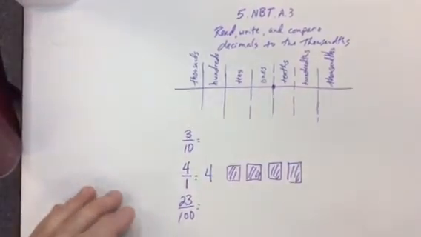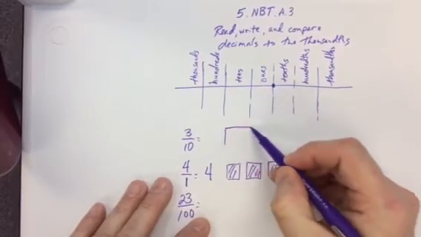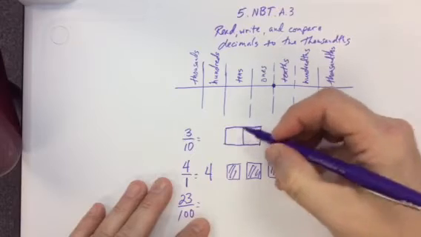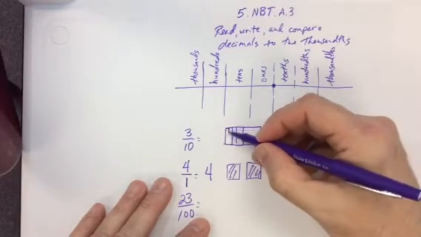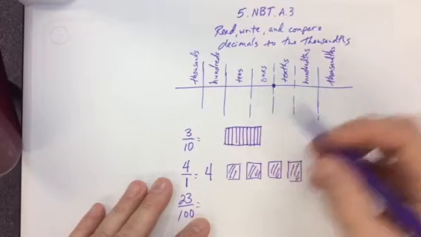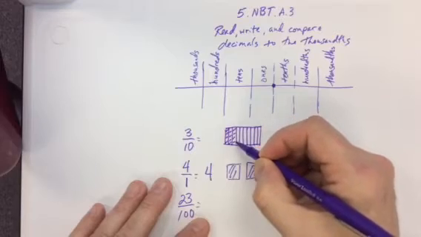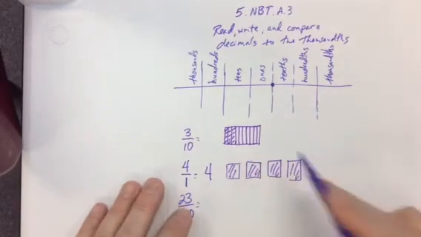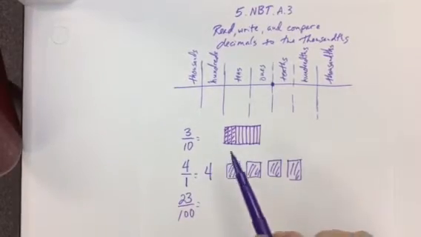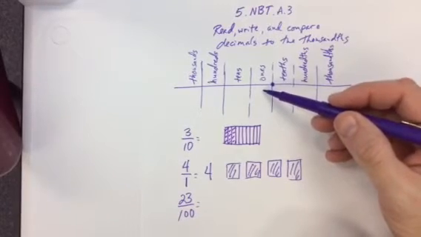So if we go back to the 3/10, we can draw 3/10 visually here. And I would have 3 of these shaded. This is something that most fifth graders can do relatively easily to show what 3/10 is. Because it is a fractional piece, we are going to have less than a whole here.